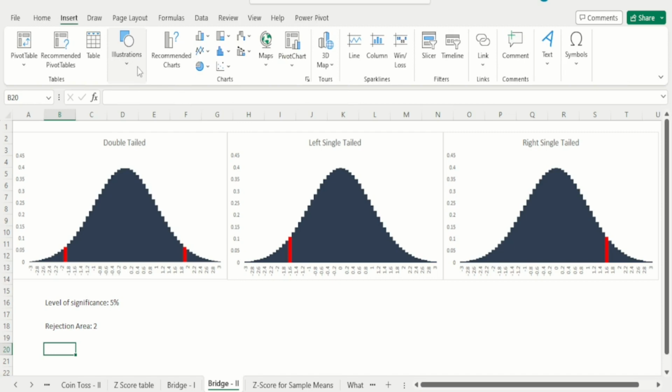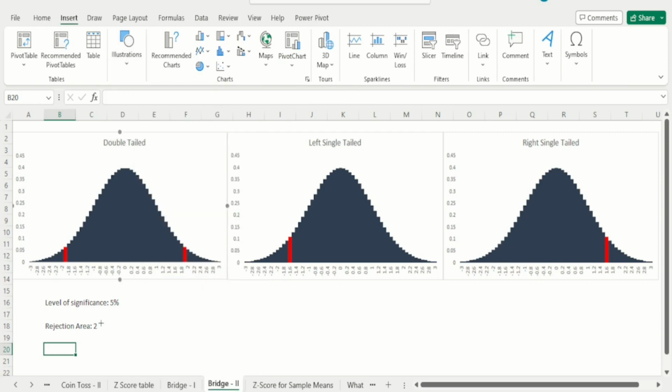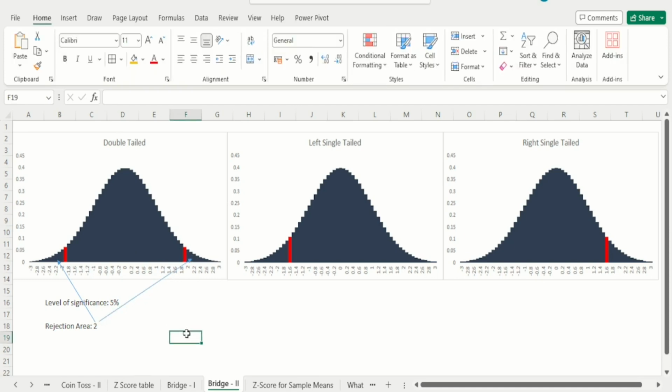Let's make sure that we also point towards them just for easier visibility. So what are those two rejection areas? One is this area, and the other one that you have is this rejection area right there. Okay, so there are two rejection areas. What is the percentage of each rejection area?